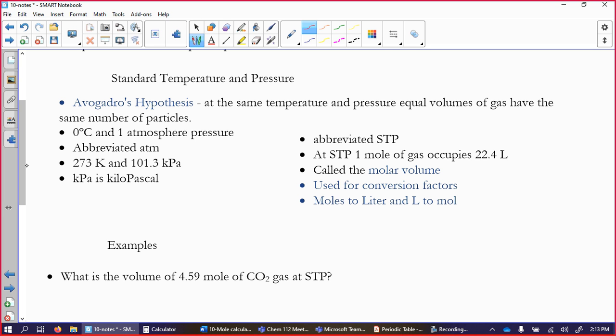If they have the same temperature and the same pressure and the exact same volumes, they have to have the same number of particles. And they're going to weigh different because 1 mole of helium is going to weigh 4 grams. 1 mole of argon is going to weigh 20 and change, I think.